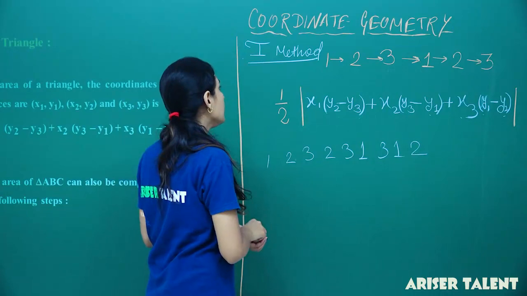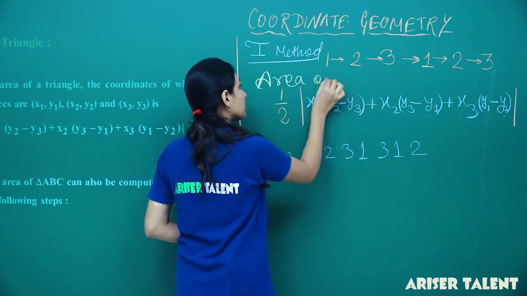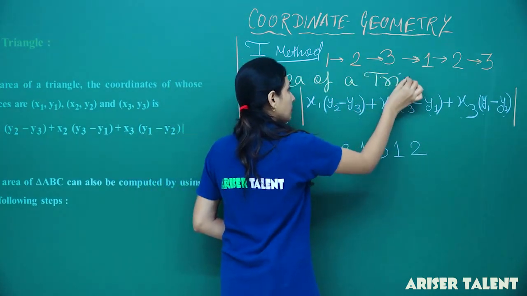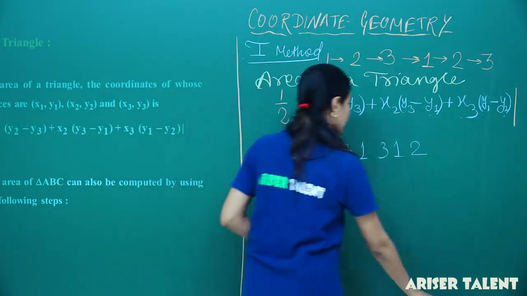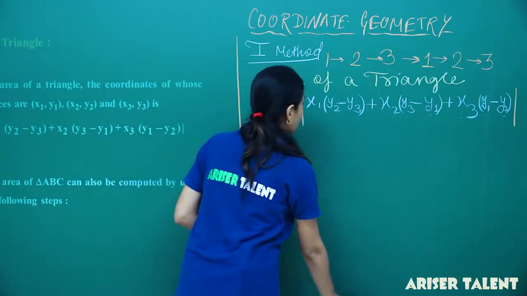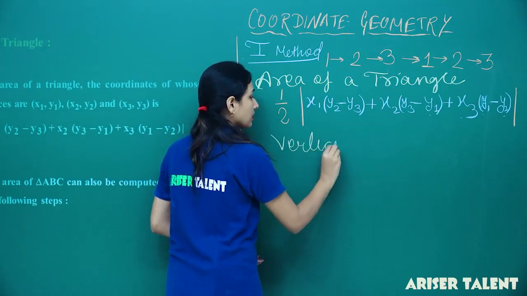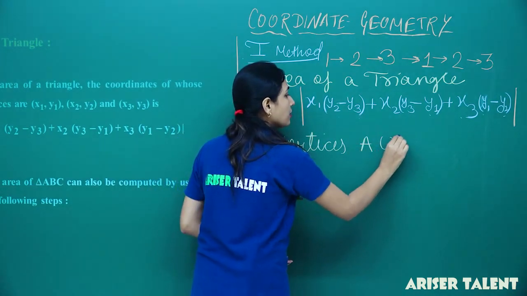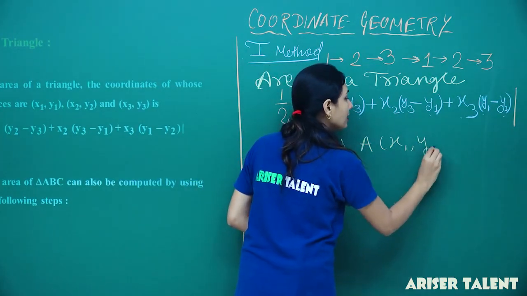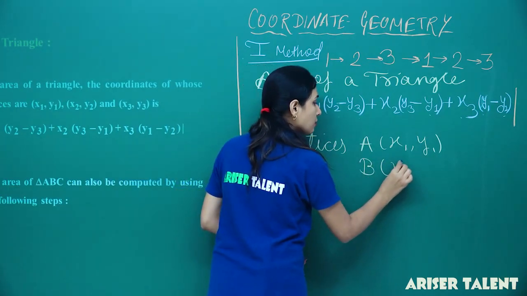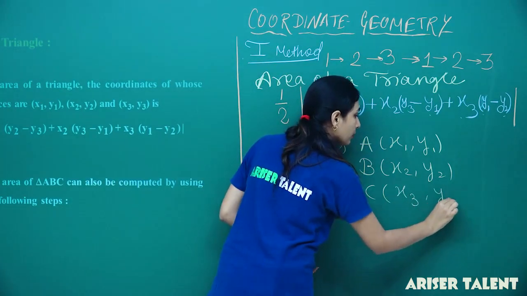This is the area of a triangle, right? And the vertices are A equals x1, y1, B is x2, y2, and C is x3, y3.